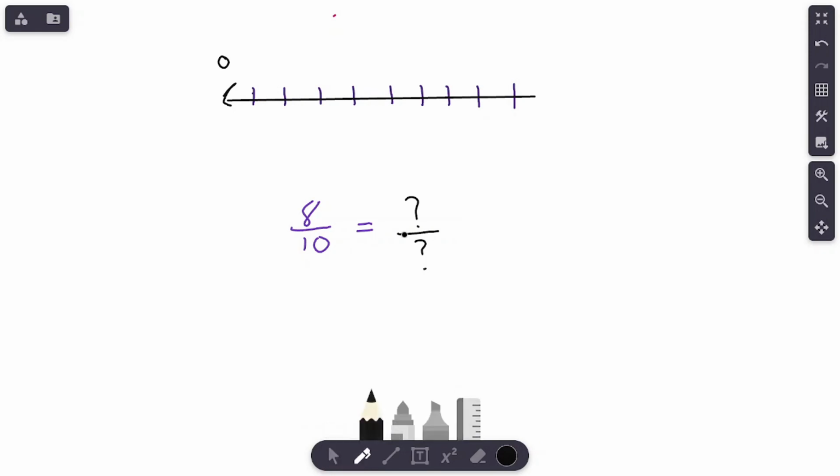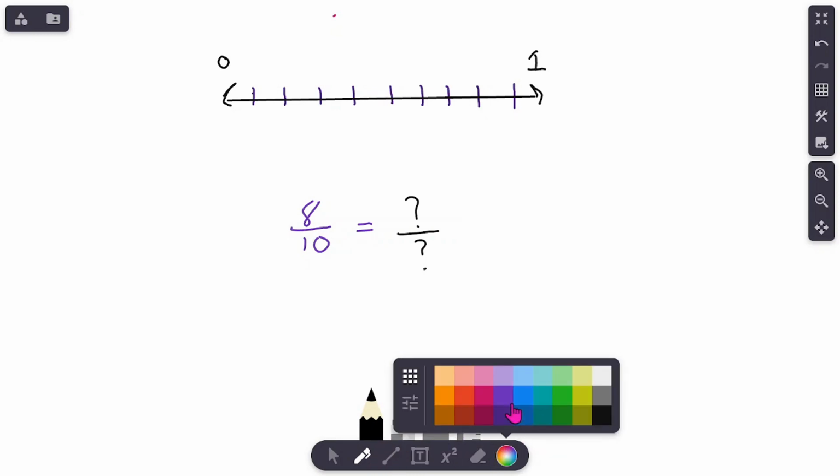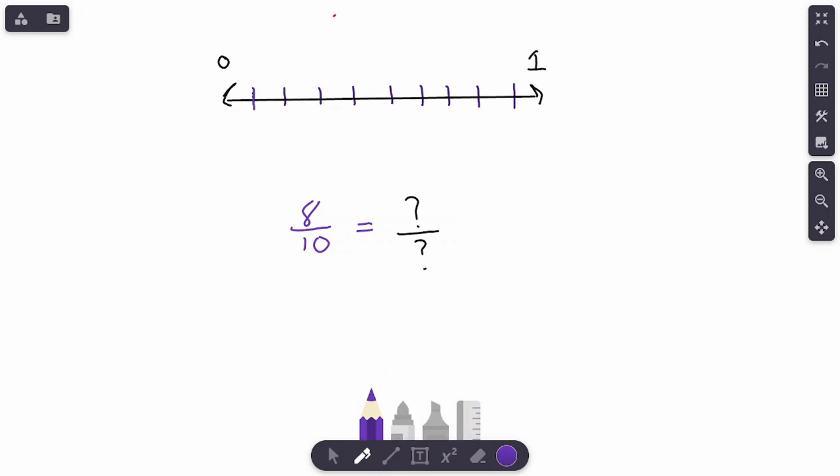All right, so what I have on the screen here is our number line, and I have divided it into 10 equal sections. 1, 2, 3, 4, 5, 6, 7, 8, 9, 10. And what we want to do is represent 8/10. So 8/10 on this number line would be located where? Well, let's look.